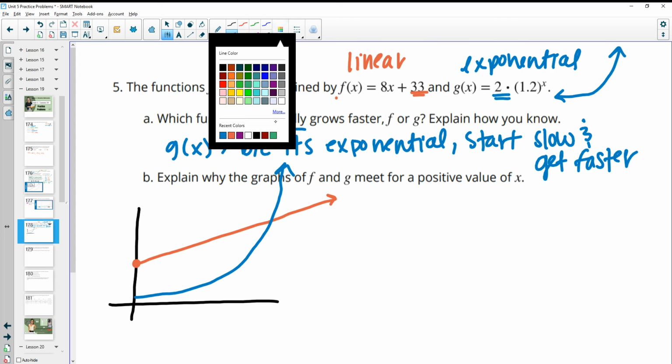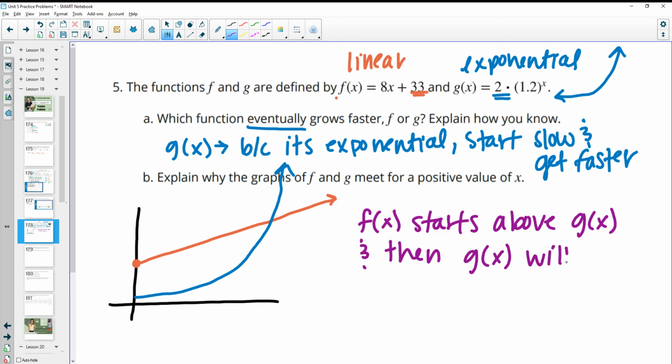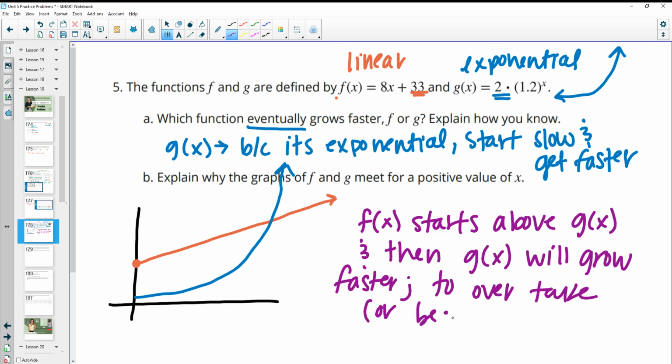So we know that this will happen because f of x starts above g of x, and then g of x will get steeper or start growing faster, will eventually grow faster to overtake or become larger than f of x.